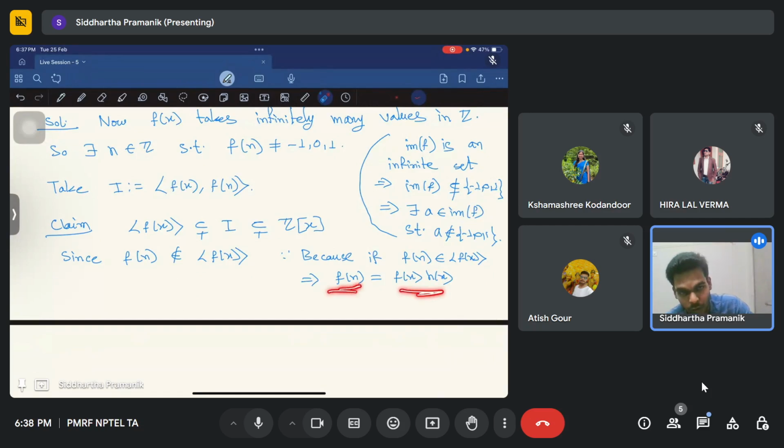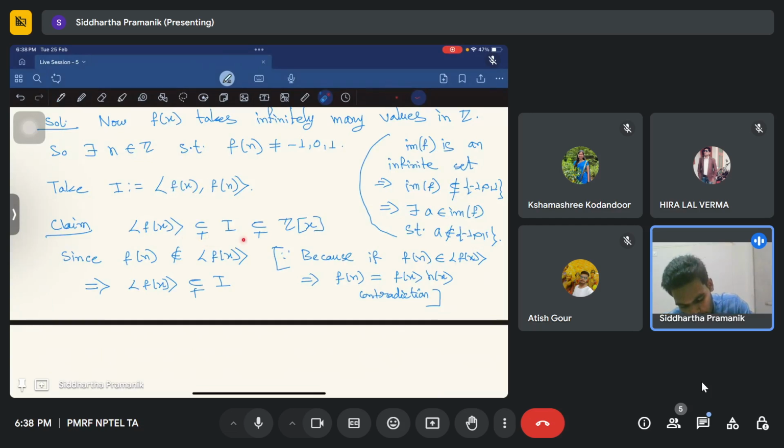Here it is constant, so degree is 0, but f(x) is non-constant. So here the degree must be positive. So this cannot be true. Since f(n) does not belong to (f(x)), that will imply this proper subset of I. So this proves the first proper subset.